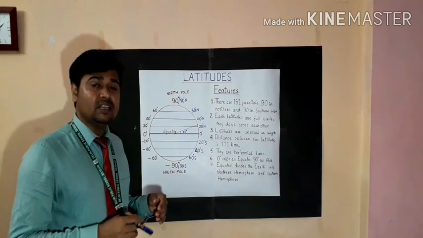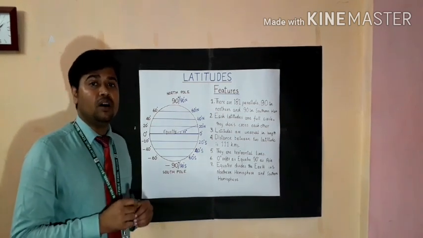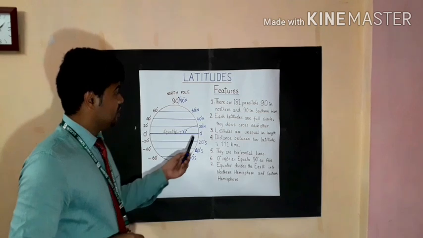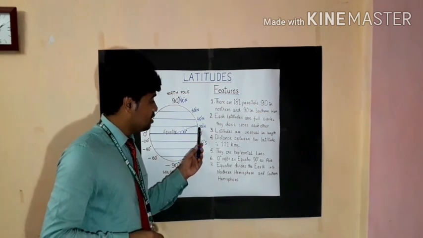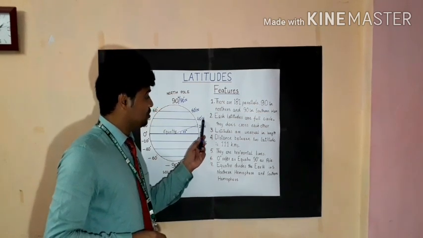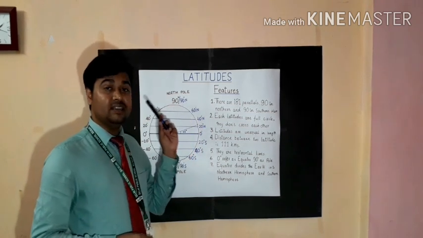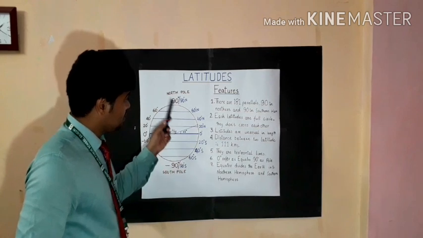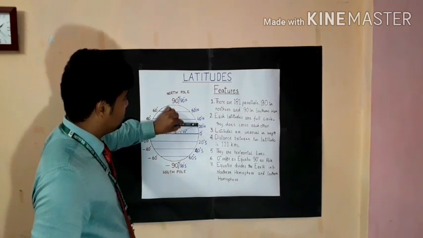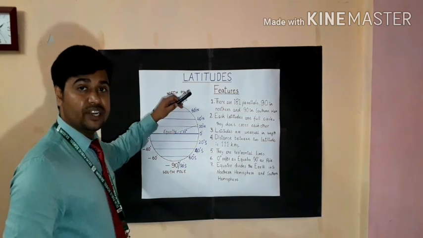Now there is another way to mark the latitudes. Here you can see I have marked 20 degree north, 40 degree north, 60 degree north and 90 degree north. So these latitudes are in the northern hemisphere.